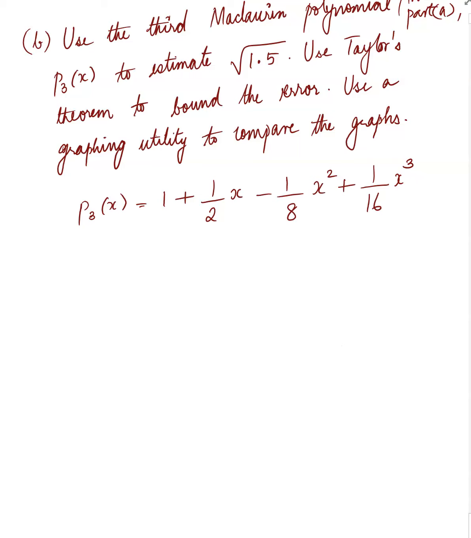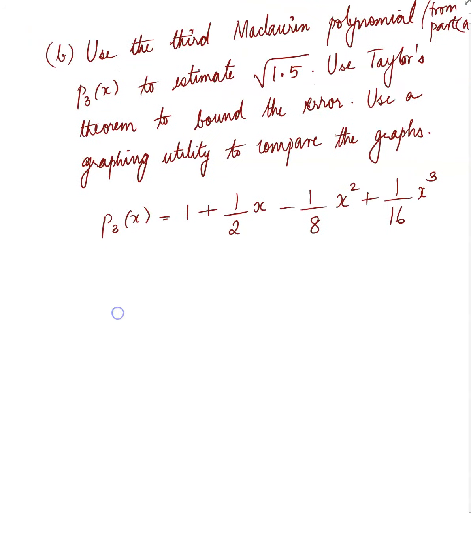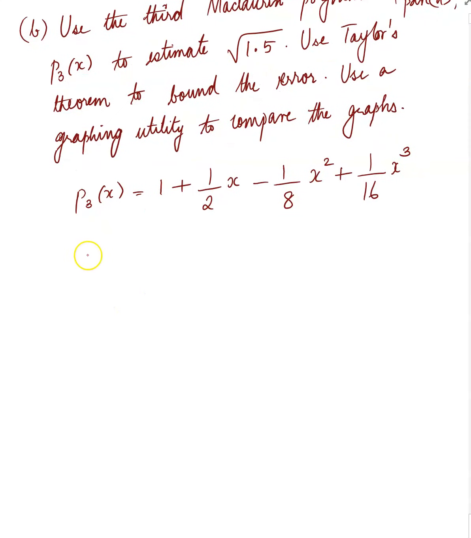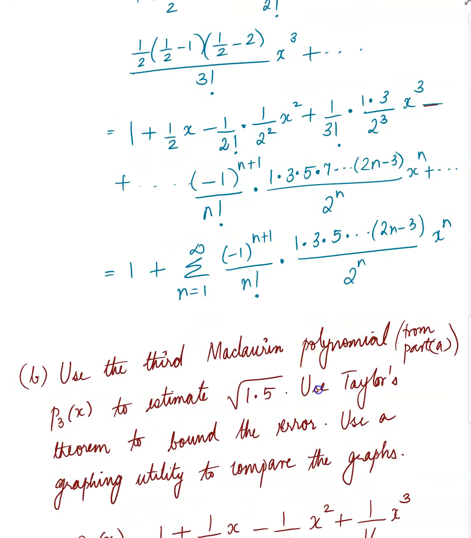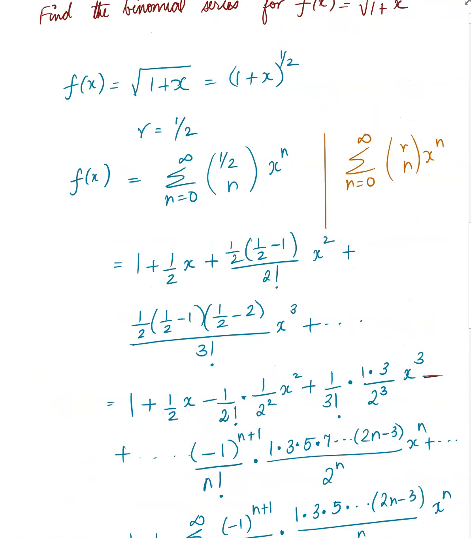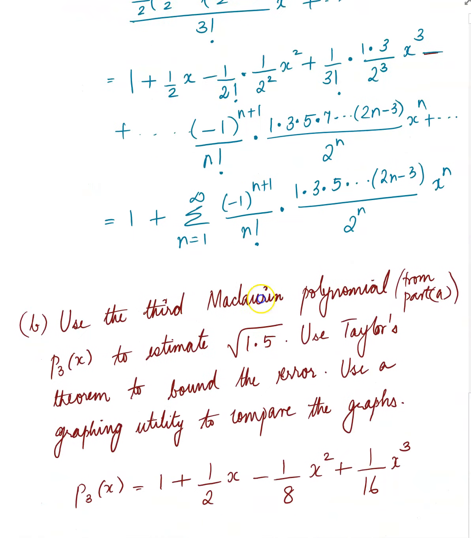All right, now we need to find the estimate for square root of 1.5. I have to write it as 1 plus x power r, right? So I can think of this as 1 plus 0.5 power half. In part A, we just worked on the series for f of x of the form square root of 1 plus x, or power half, so we can call upon that.